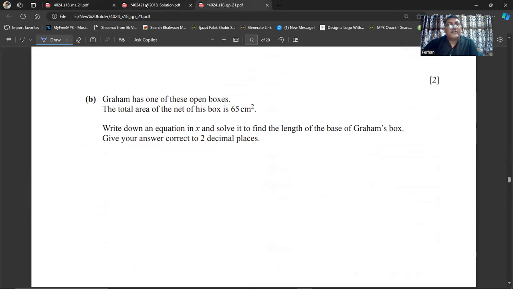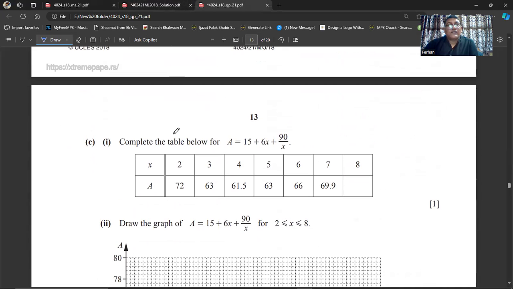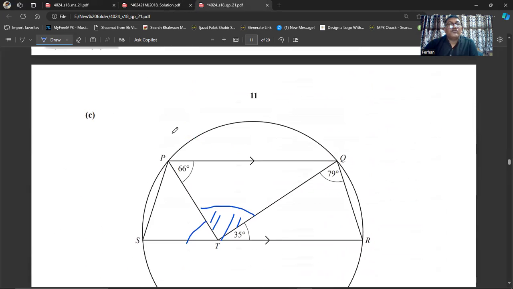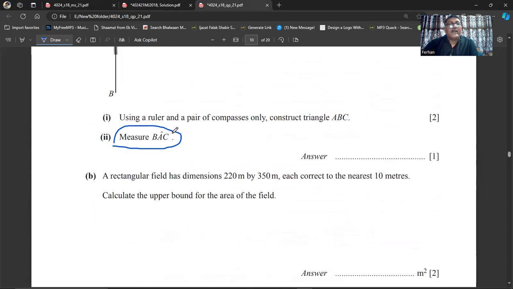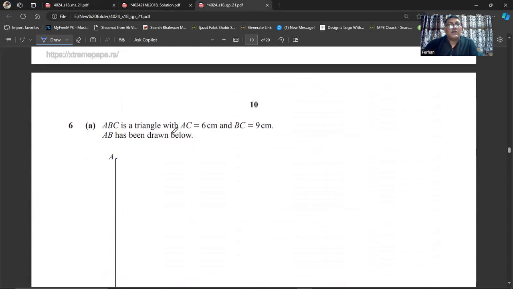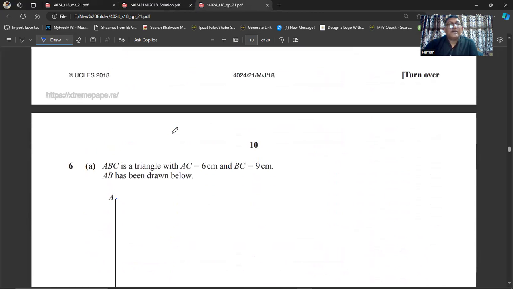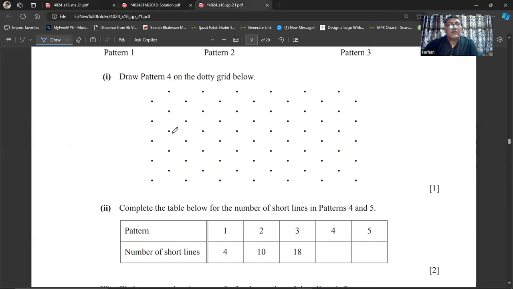So we are done with this, and then we have question number 7c first part. Let me first of all, oh, I think we have missed question number 6.